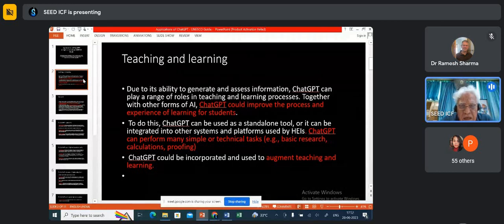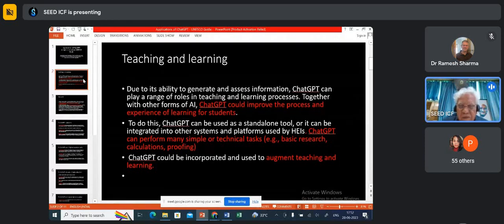Another aspect is that it can be used as a standalone tool, and it can be integrated with the other systems and platforms used by higher education, and particularly can perform many simple and technical tasks like basic research, calculation, proofing. Earlier there was small software, not very big, called proofing.